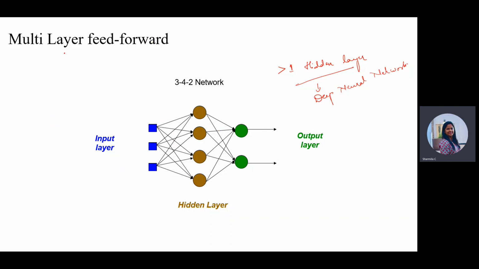We have single layer and multi-layer feed forward networks, where in a multi-layer feed forward network we have three different types of layers: the input layer, the hidden layer, and the output layer. This network can be represented as a 3:4:2 network, because in the input layer we have 3 source nodes, in the hidden layer we have 4 nodes or neurons, and in the output layer we have 2 neurons.